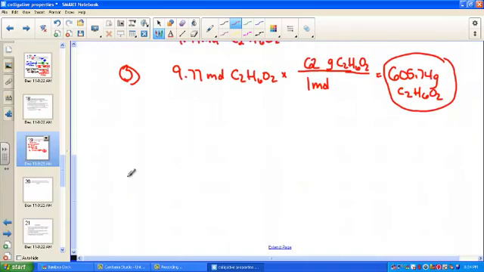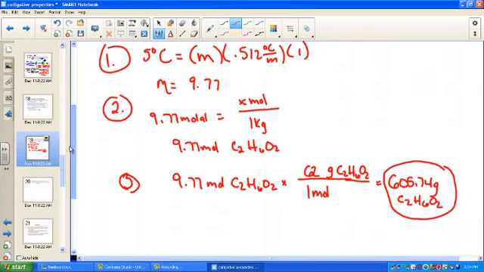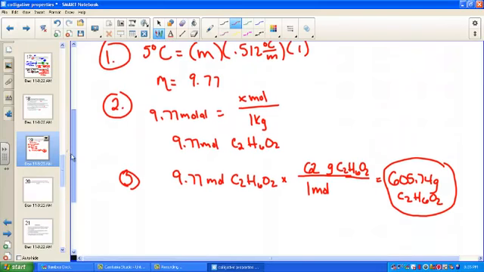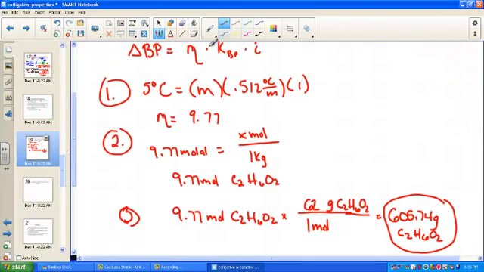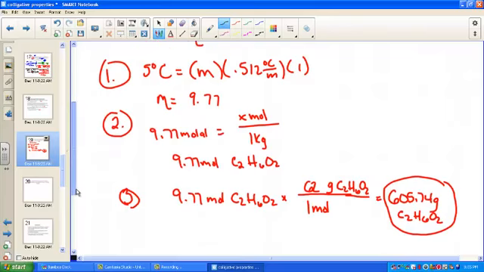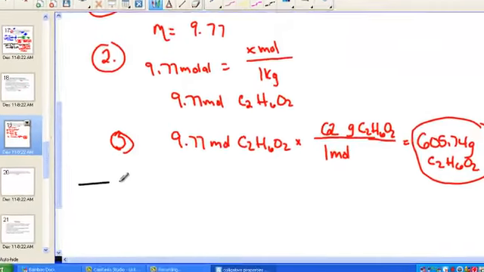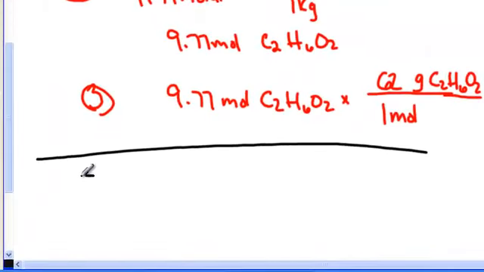If you're like me, you can think of this in 1 step instead of 3. It's just a preference. If you'd like to see the same setup, think of it this way. The change in the boiling point, 5 degrees Celsius, is equal to the molality of the solution.